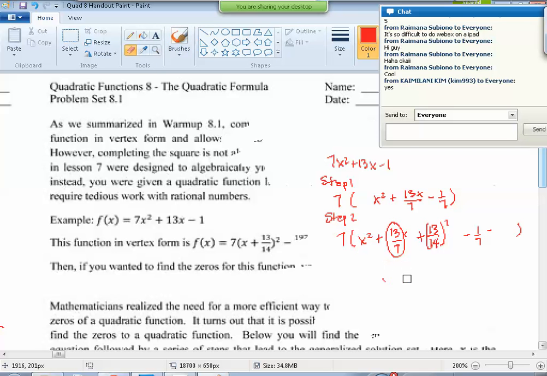What is 13 squared? I think it's 169. So it's 169 divided by 14 squared. What's 14 squared? Hey, 14 squared is 196. There we go. 169 over 196.